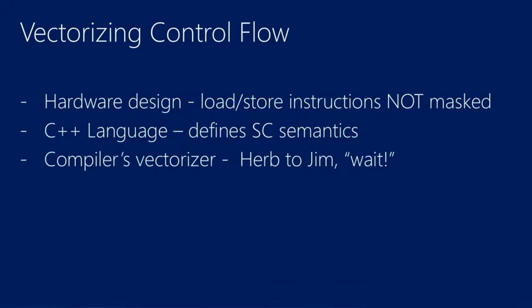So if we look at vectorizing control flow in retrospect, this is literally what happened. The hardware was designed, and the load and store instructions are not masked. So when you do the store, there's no way not to actually wiggle the bits on the bus and introduce stores where there weren't any in the original sequential code.